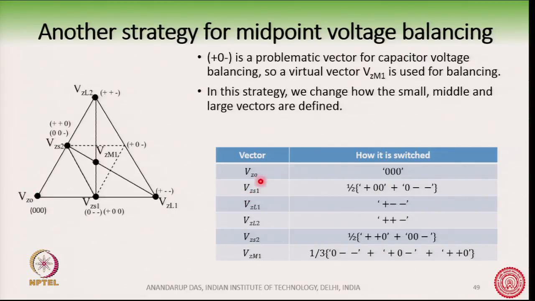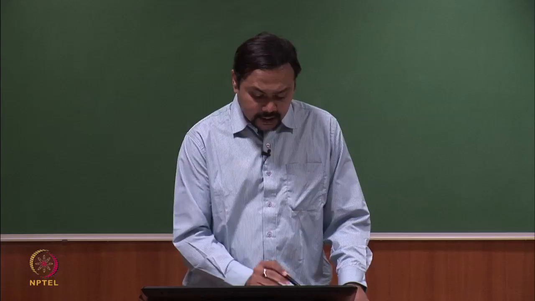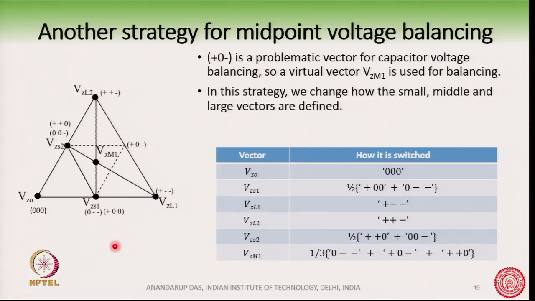Next, we have V z s 1, that is this small vector. Now, V z s 1, how are we getting this vector? V z s 1 is formed by switching plus 0 0 and 0 minus minus for half duration of time each. Okay. So, this is how the V z s 1 vector is formed.